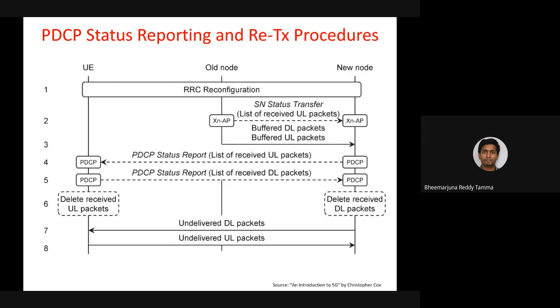So this is an example showing your old base station and your new base station, your gNodeB. Look at this, we have the RRC reconfiguration established. Basically what it means is that handover took place.